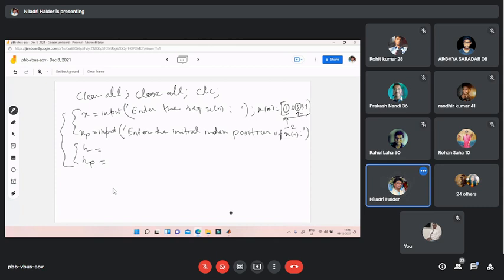Now, whenever you write the equation for the output, you have to mention the length of the output, and that length of the output you can define as n equal to L plus m minus 1.